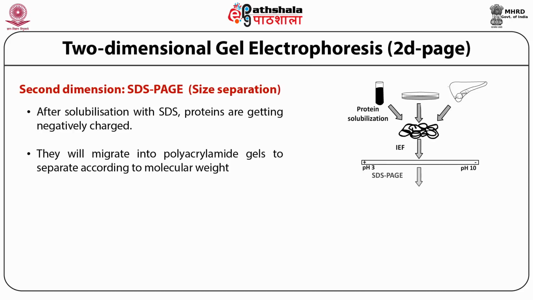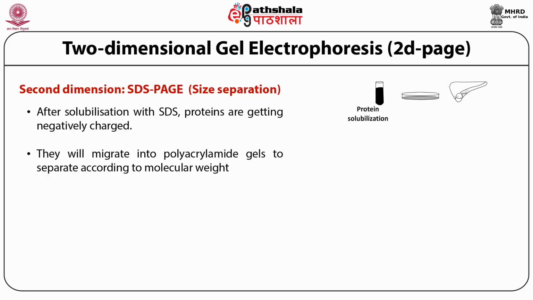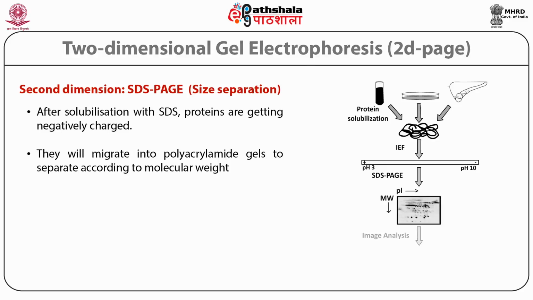This technique has many-fold resolving power compared to IEF and SDS-PAGE alone. One can visualize 50 folds more proteins than SDS-PAGE as protein spots. Moreover, multiple spots containing different molecular forms of the same protein may also be seen on a single 2D gel.